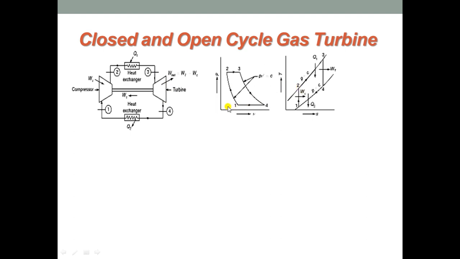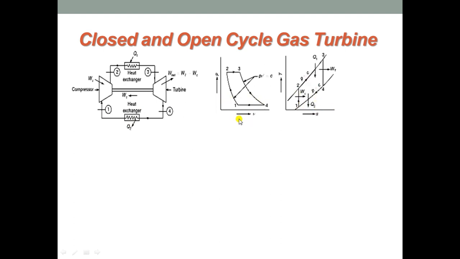Once the working fluid is passed to a cooler, it gets cooled to its original temperature by means of an external cooling source, and the process is represented from point 4 to point 1 in the line diagram as well as on PV and TS diagram.